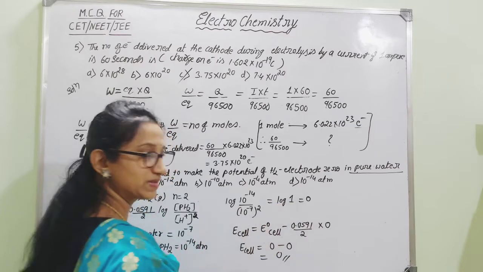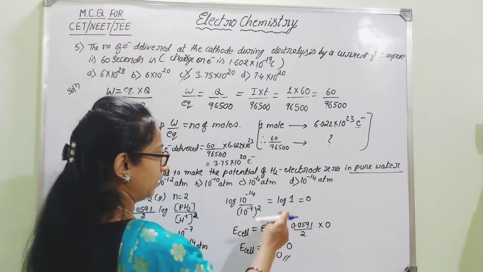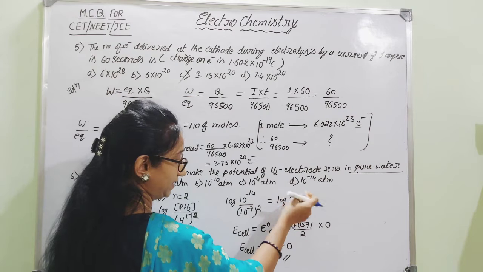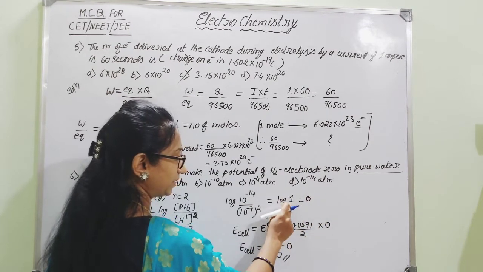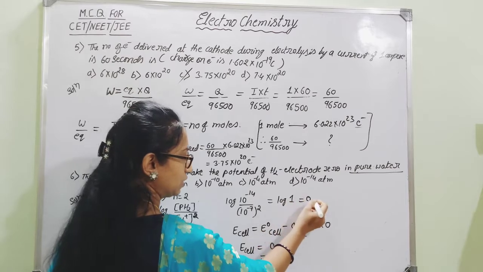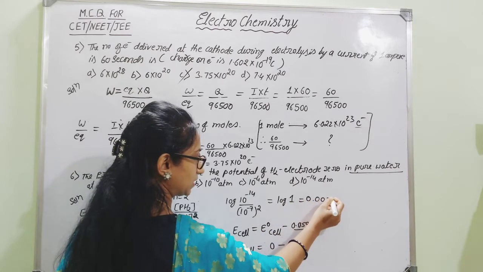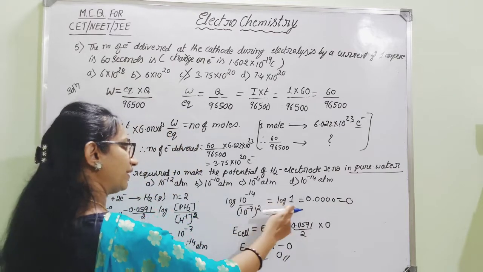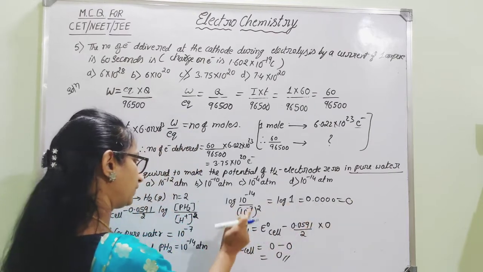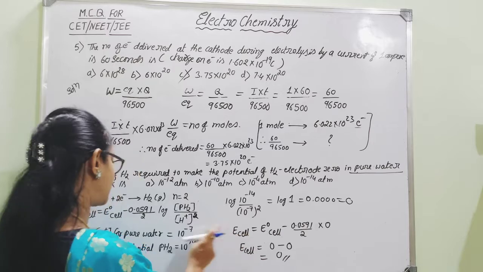Log 1 value is equal to 0. So log 1 value is 0.